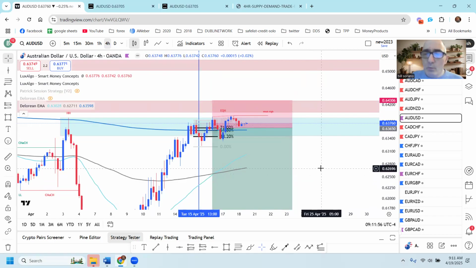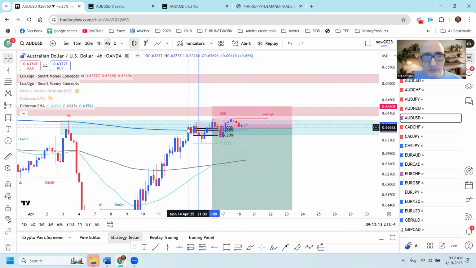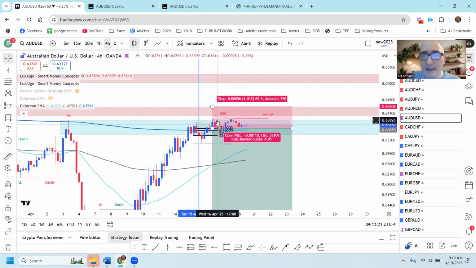Now, we're not worried so much about the 50 crossing above the 200 as price moves into our supply zone here, right? That will happen. And that's okay in most cases. But we don't like to see the price close above the 800.